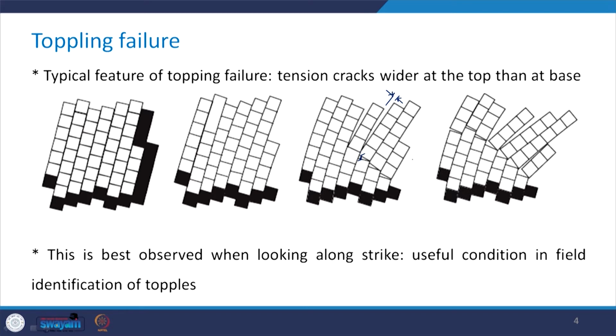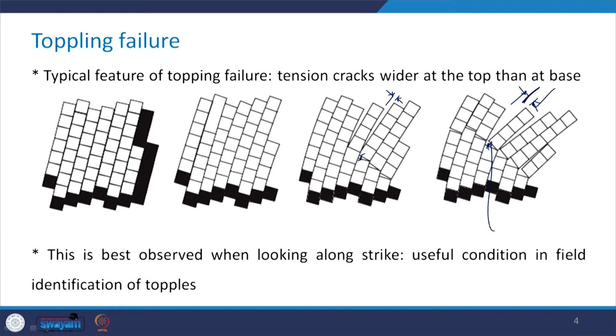And this is more evident if you look at this figure. Here this separation is this much, and at the base it is only this much. So, these tension cracks are wider at the top than at the base.